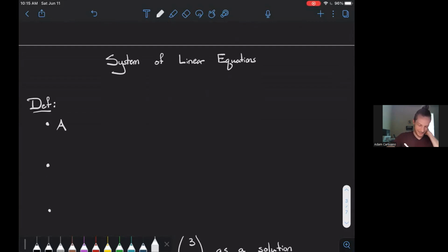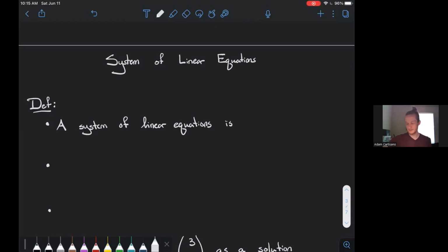You're going to be very underwhelmed by this. A system of linear equations is a finite list of linear equations.